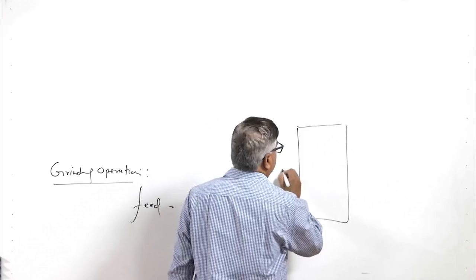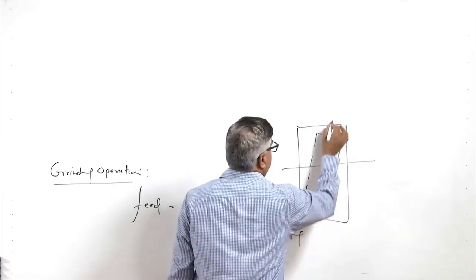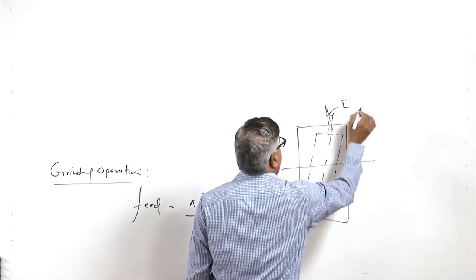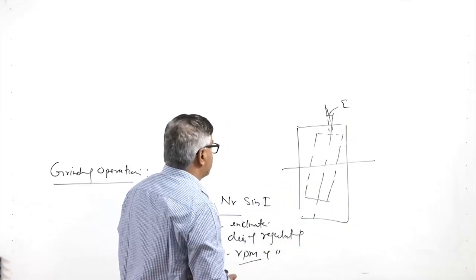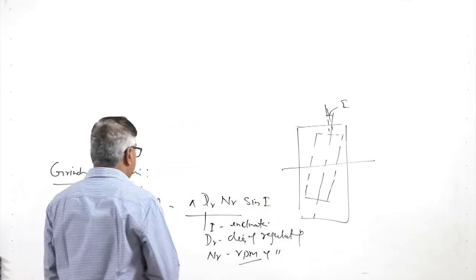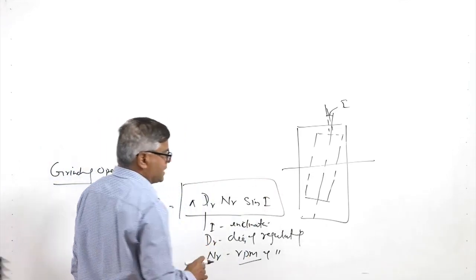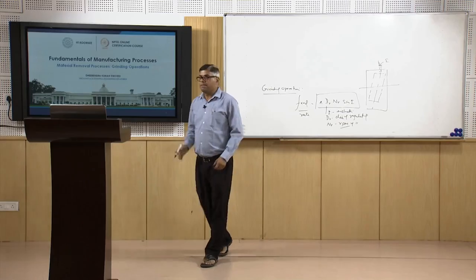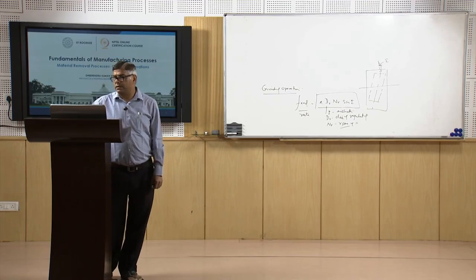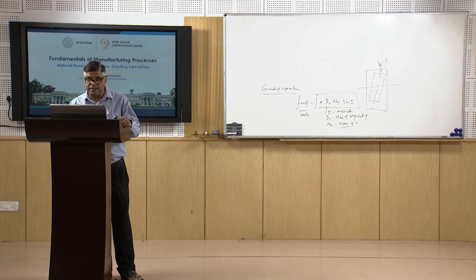Like this is the grinding wheel, and the regulating wheel is inclined at a certain angle like this. This angle from the vertical plane is termed I, and the rotational speed decides the rate at which the workpiece moves past the grinding wheel. The feed rate of the workpiece in centerless external grinding can be calculated using this equation.